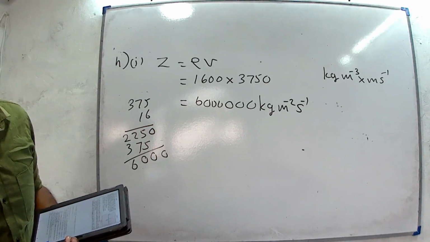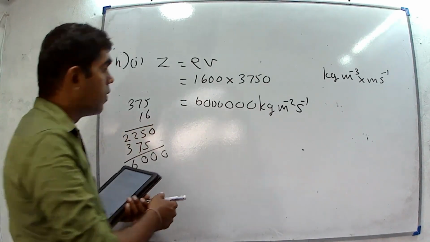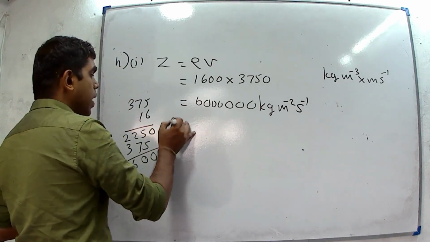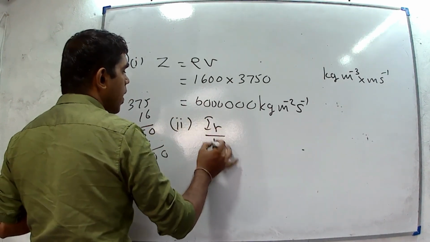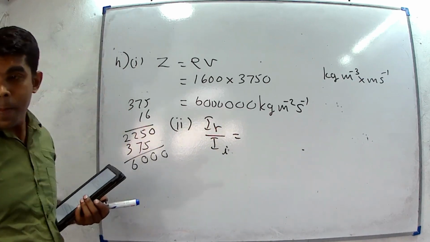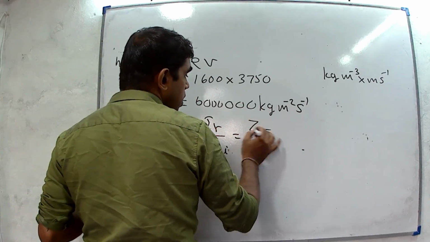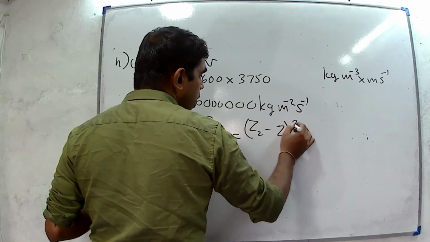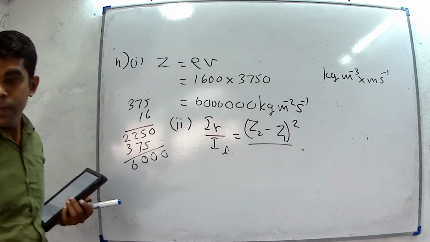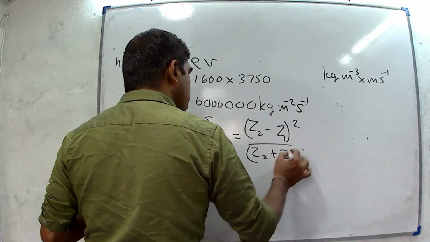Now we have to use the equation given in the paragraph. IR divided by I equals (Z2 minus Z1) squared divided by (Z2 plus Z1) squared.